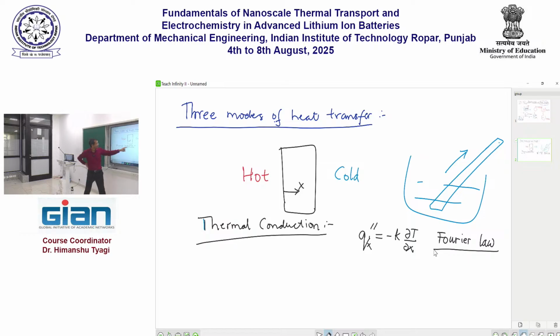The cross-sectional area comes into the picture because Q double prime is written in terms of heat flux, watt per meter square.